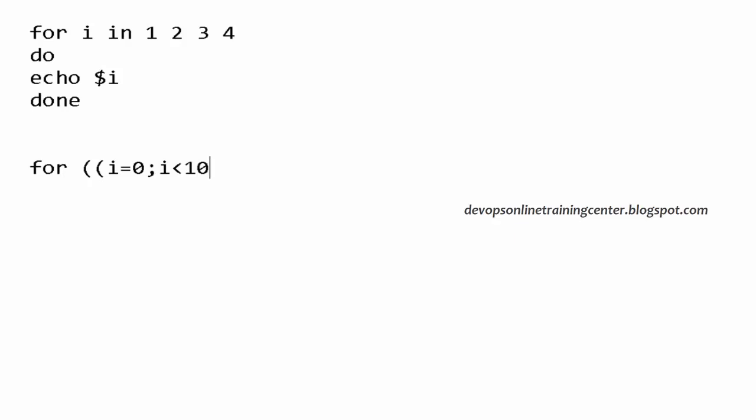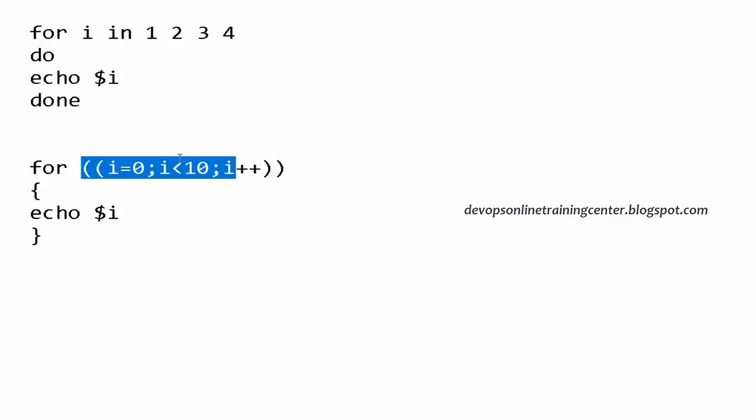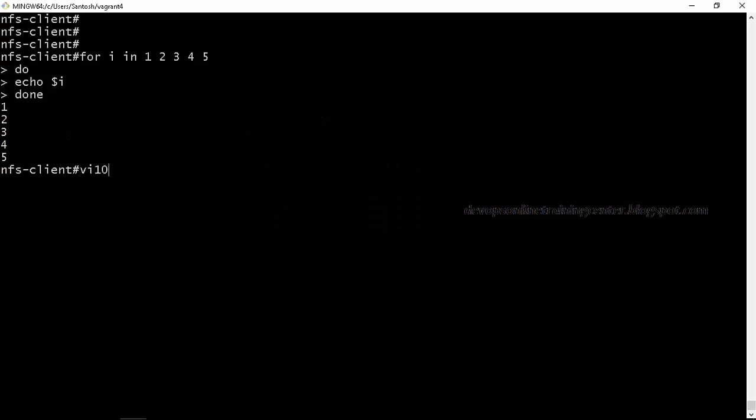This is more like a C syntax. This also works, right? So this will print I value from 0 to 9 because I gave I less than 10. So this is initialization, this is condition checking, this is incrementer, decrementer. So this also works.